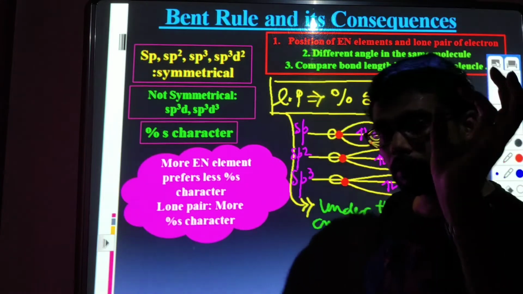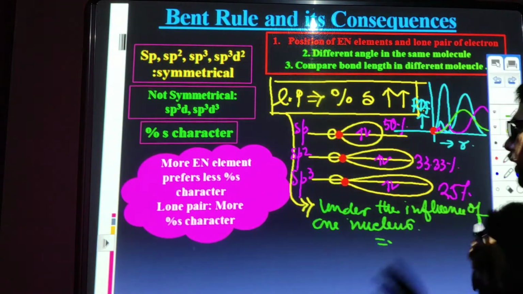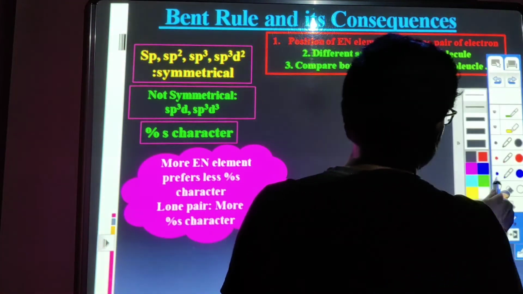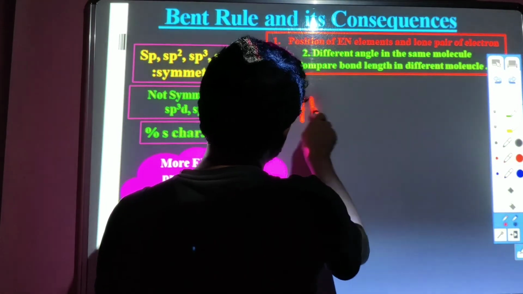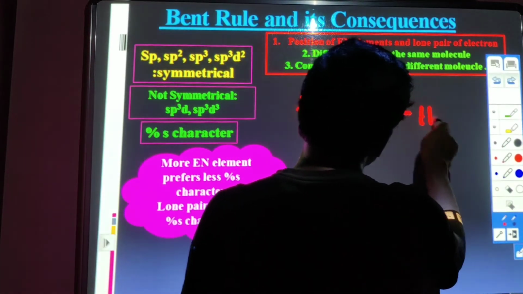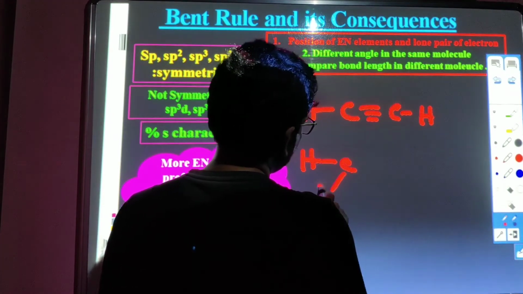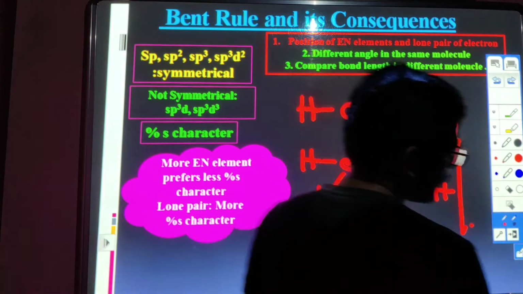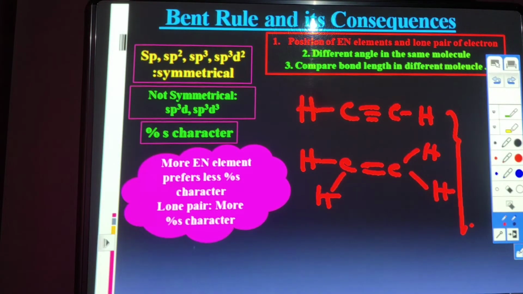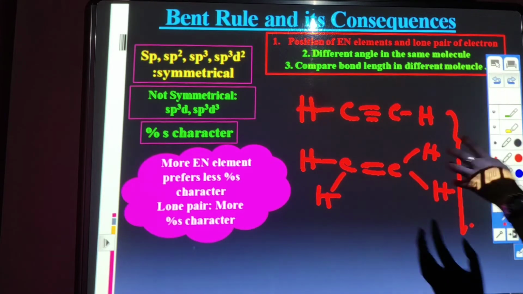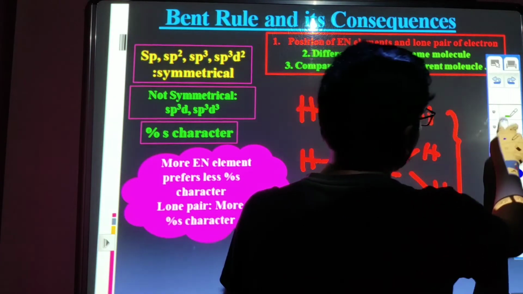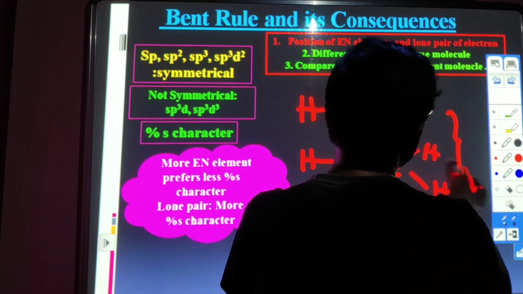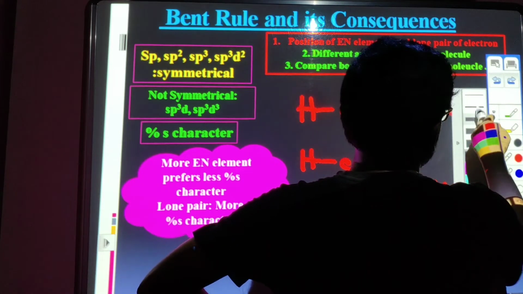See, if it's still not clear, let me give you one example. Say HC triple bonded CH and H2C double bonded CH2, acetylene and ethylene. Take this example. If you remove this hydrogen and form the conjugate base, what will happen?